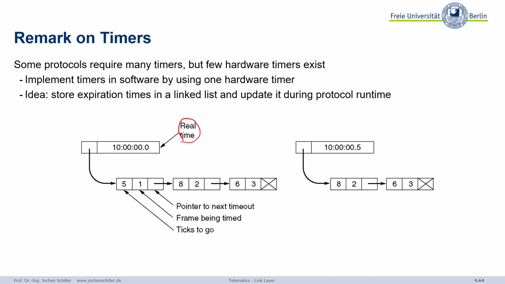So we say, okay, how many ticks, just for example seconds or 10 milliseconds or whatever we have to go, and as soon as we spend the time here, then we delete this element, and then we simply point to the next element, and so on. And as soon as we need a new element, we simply append it to this very simple linked list. So that's one way of implementing timers. So we don't have to start a real timer for each frame we send.